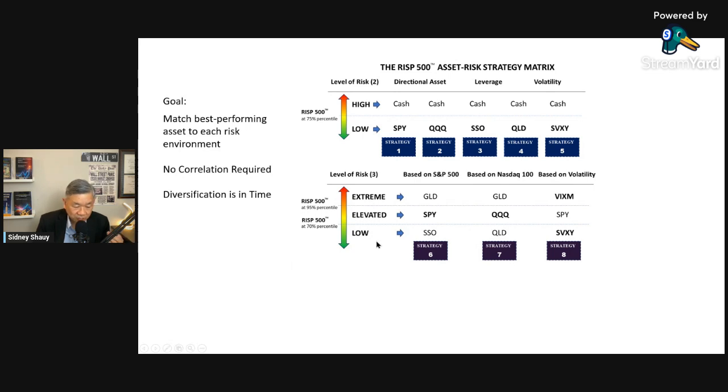It's a little bit more granular, and we have 2 levels to set up our rotation. So, for example, strategy 6 has gold, the S&P 500, and the S&P 500 times 2. So if we're in very low risk environments, we are going to be bolder, investing in something even riskier, like twice the S&P 500. That's the logic.